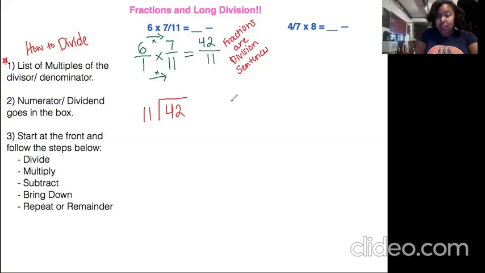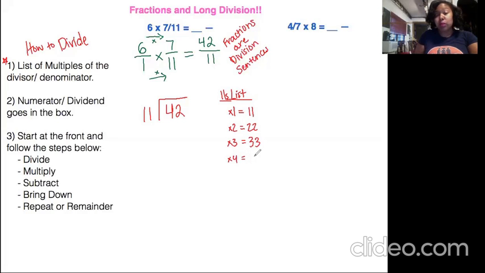So I go 11, here's my list, 11's list, actually, I'm going to call it. Times 1 is, of course, 11. Times 2 is 22, times 3 is 33, times 4.